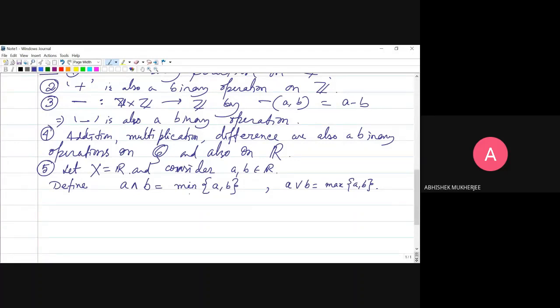The infimum is the minimum of A and B and the supremum is the maximum of A and B. So with the help of these concepts, you can define two operations on R. And these two operations, cap and cup, are both binary operations on R.